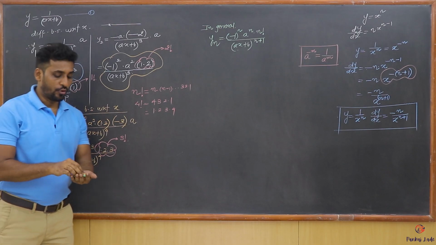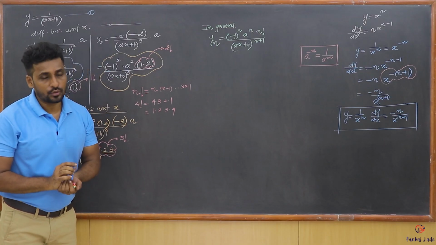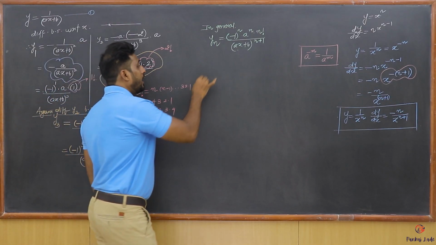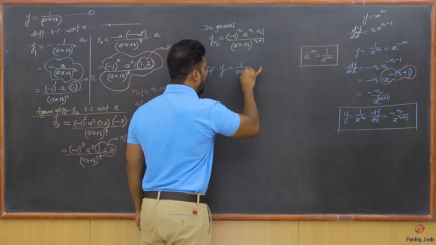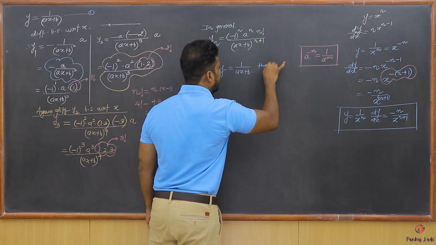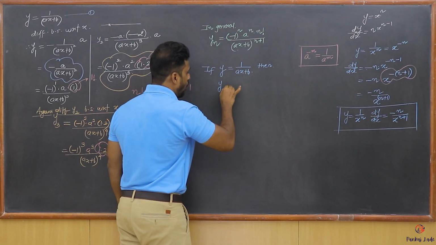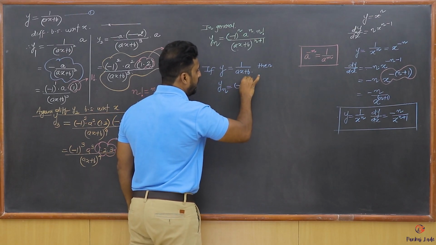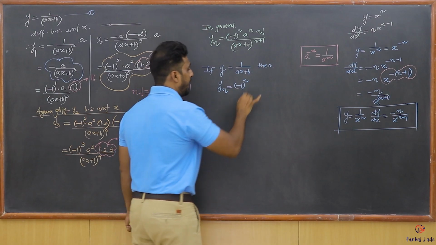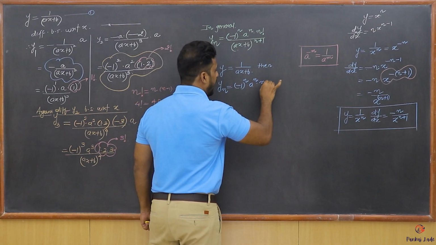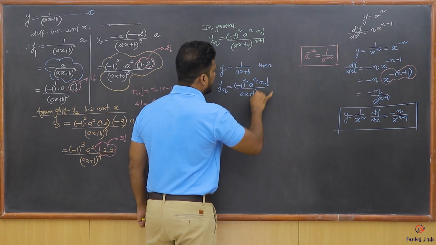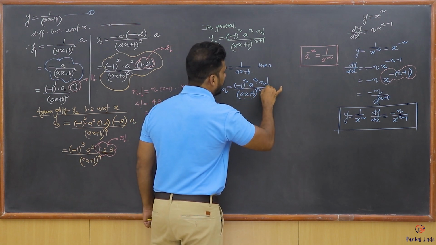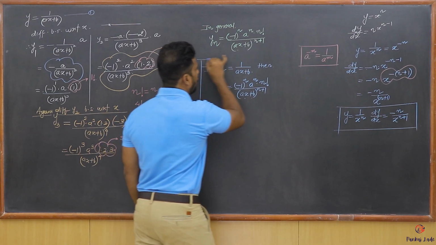This is a very important formula, students. Make sure that you note it down somewhere in your notebook, that if y is 1 upon ax plus b, then I can say yn is going to be -1 raised to n into a raised to n into n factorial upon ax plus b raised to n plus 1.